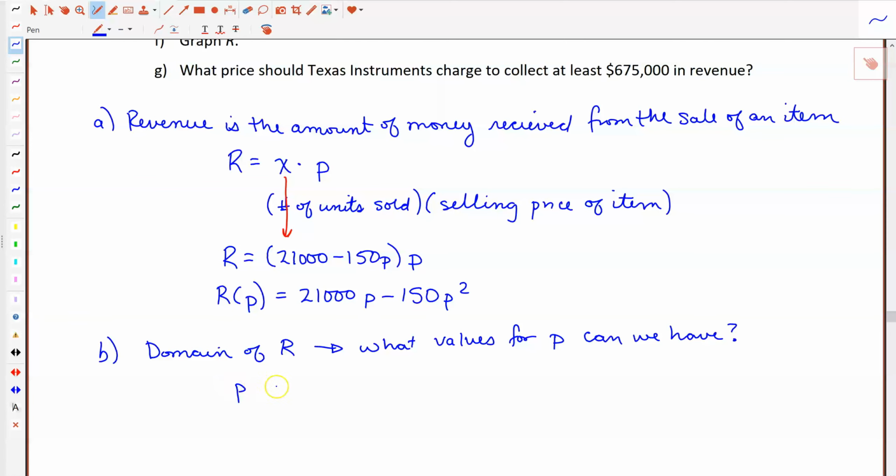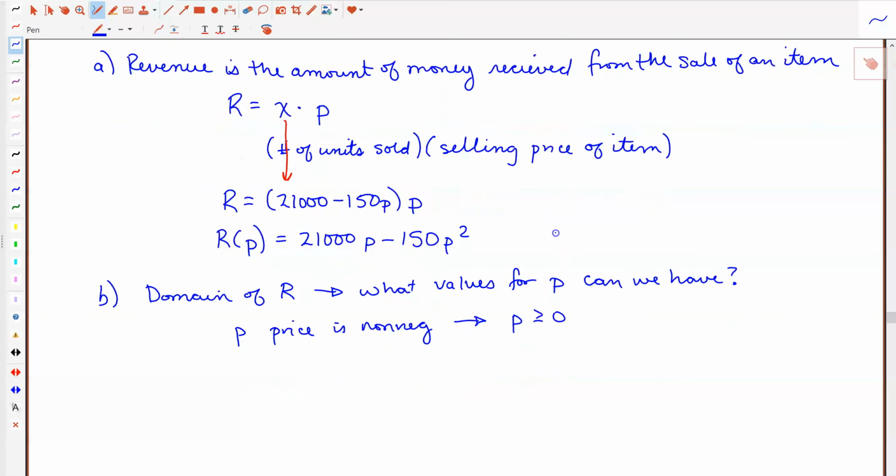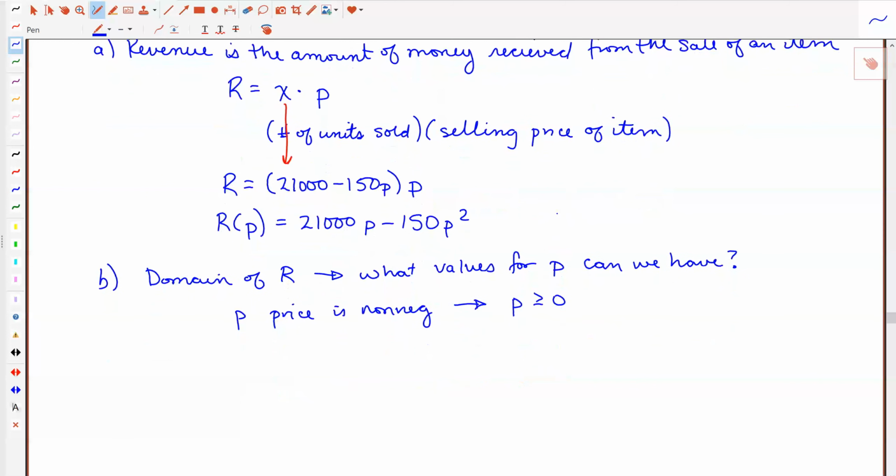P is the price of the item, so because it's going to be the price, it's got to be non-negative. The first restriction is that P has to be greater than or equal to 0. Now remember that P and X are related, so next let's look at X, where X is, as a reminder, the number of units sold.